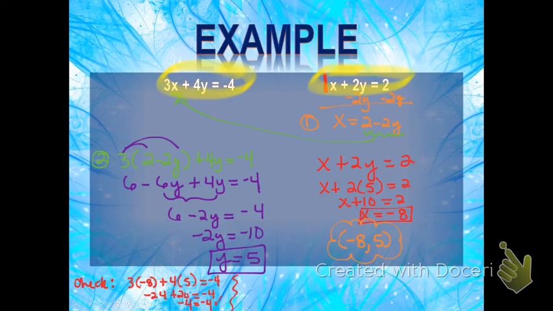So my second equation, rather than x plus 2y equals 2, my x was negative 8. Instead of 2 times y, my y was 5. And then I'll simplify this. And that also works out. So I know that my answer is correct.